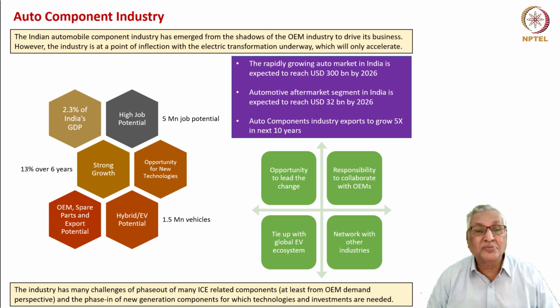It covers 2.3% of India's GDP and has high job potential, 5 million jobs to be exact. Over the last 6 years, it has been demonstrating a 13% growth rate, and there is a huge opportunity for new technologies because of the clean mobility options that I have outlined. And we are expecting new components to be required for millions of vehicles.